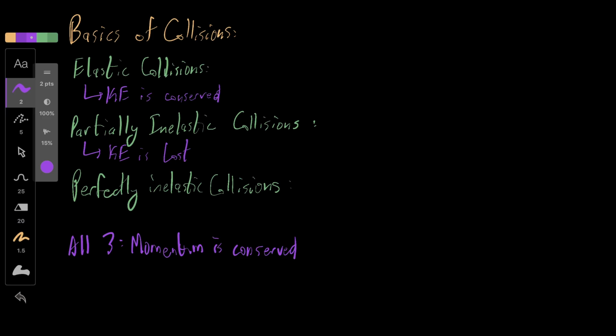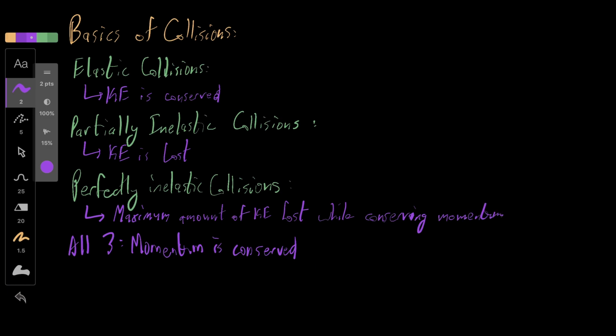Could be other things due to heat or something, but this is what a lot of collisions will happen, partially inelastic or perfectly inelastic. But with perfectly inelastic, you will have the maximum amount of kinetic energy that's lost while conserving momentum. Basically, it's losing as much kinetic energy as possible without violating the laws of physics. So, those are the couple different characteristics of these collisions.